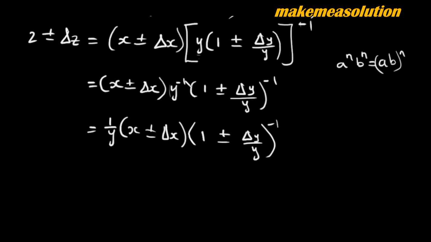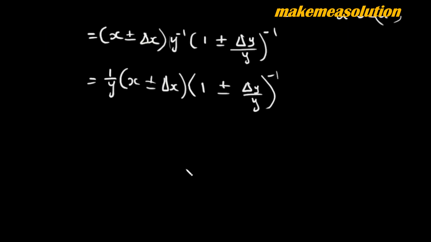Remember that y to the power of minus 1 is 1 over y. Is that okay? So this is what we have now. So the interesting part about propagation of errors by division comes when you get to this term over here. So this is our term of interest.